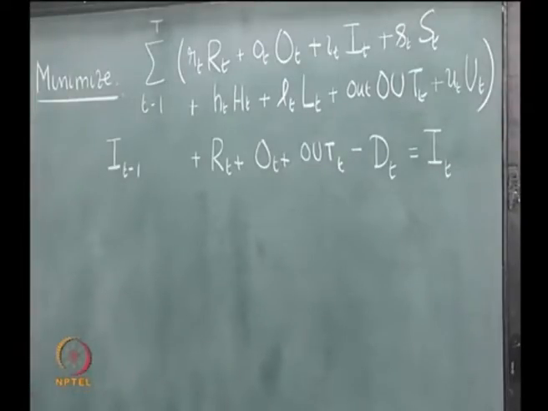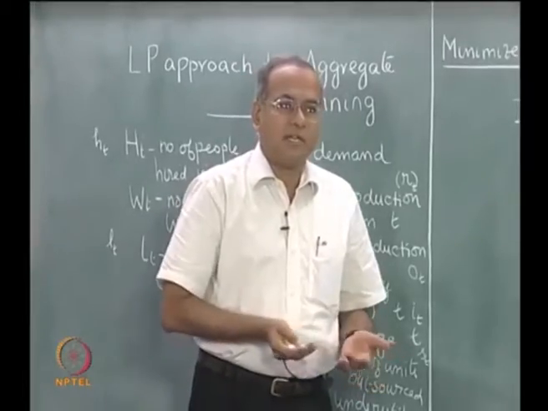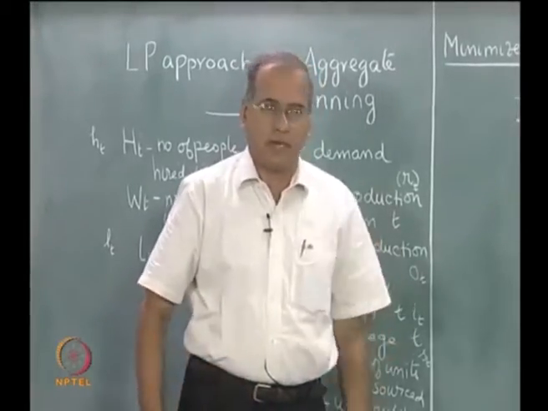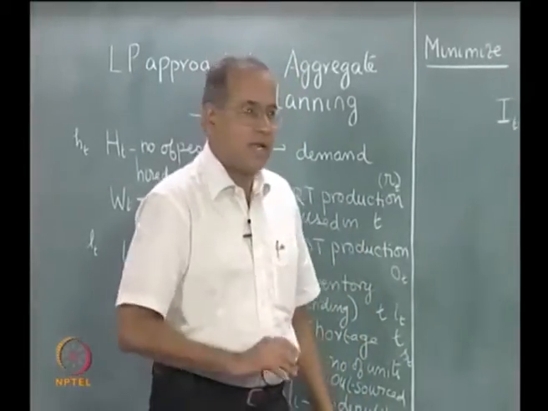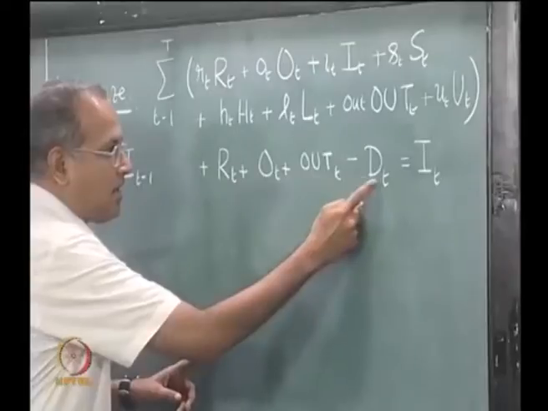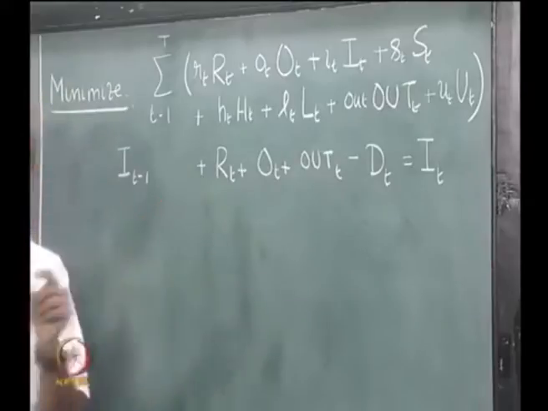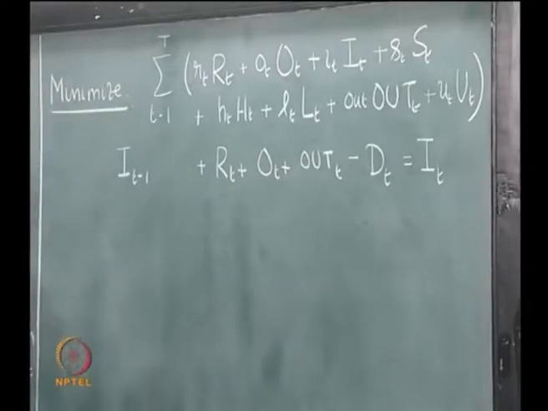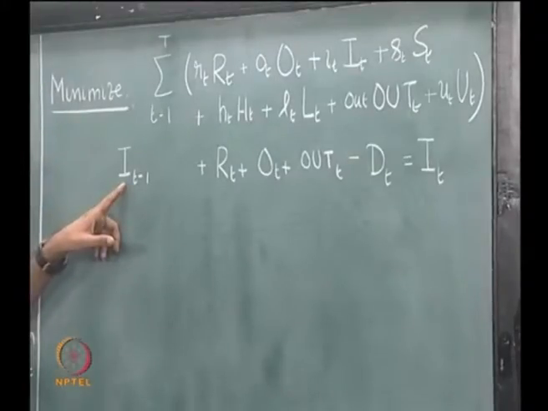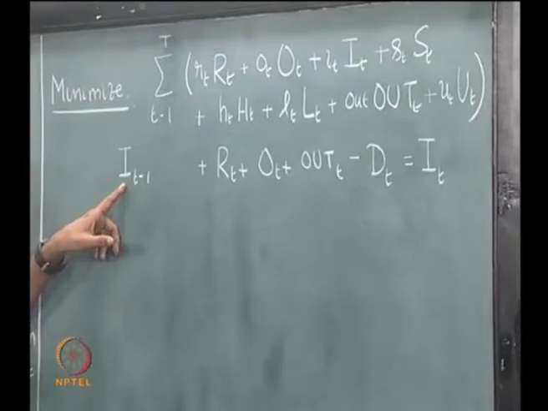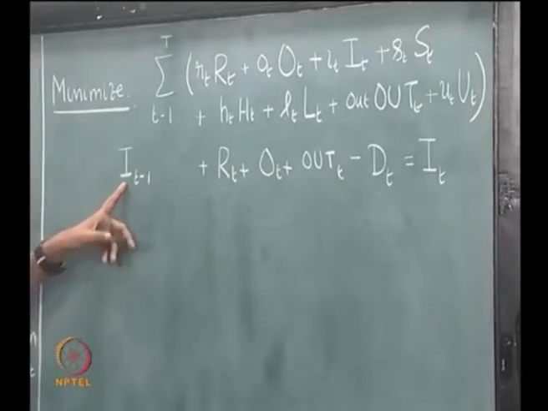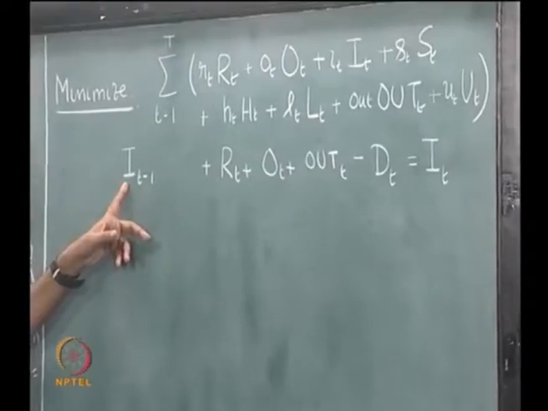but the beginning inventory can also be negative if there is a shortage at the end of the earlier period. So, one way is to say that these quantities are all greater than or equal to 0, these cannot be negative, but if we start defining IT as the inventory at the end of the previous period, and if there is shortage, then IT and IT minus 1 can take negative values, which means in the linear programming formulation IT has to be defined as an unrestricted variable which can take a positive value or a negative value.